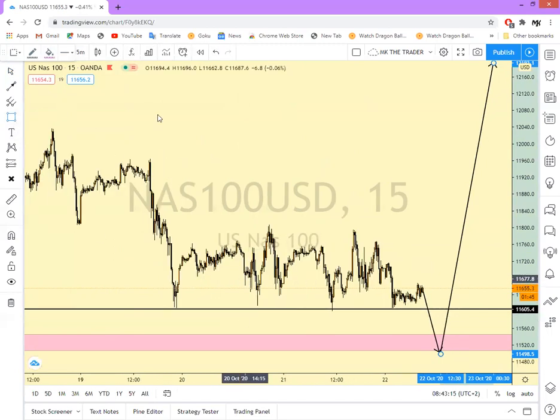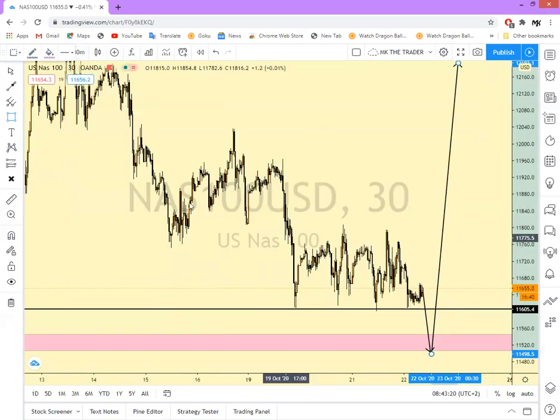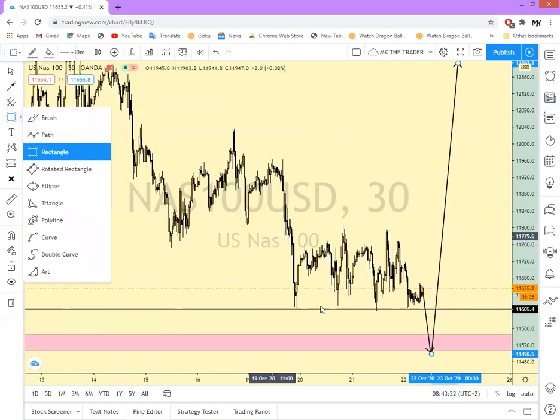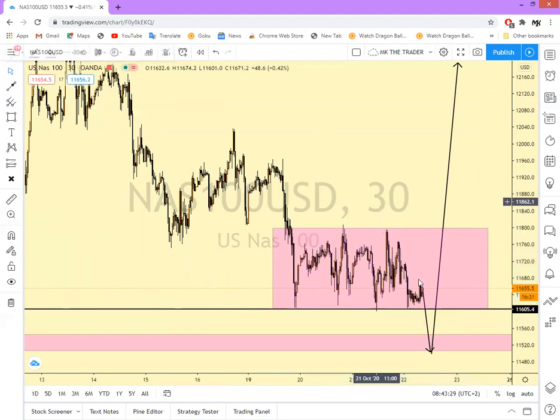So in this case, I suggest one waits for a breakout of this consolidation.